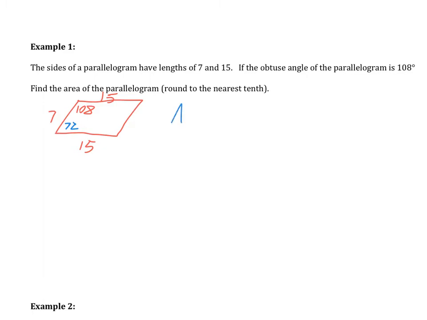So one way to represent the area is 2 times the triangles that I split in half, 1/2 times 7 times 15 times the sine of 108.